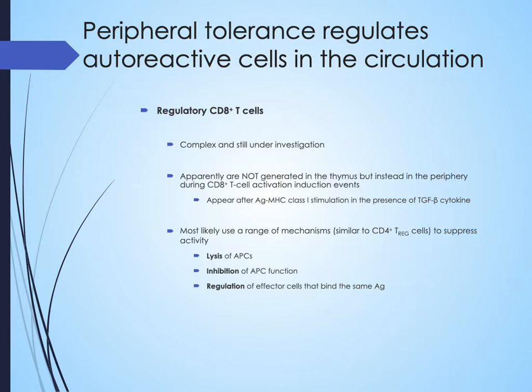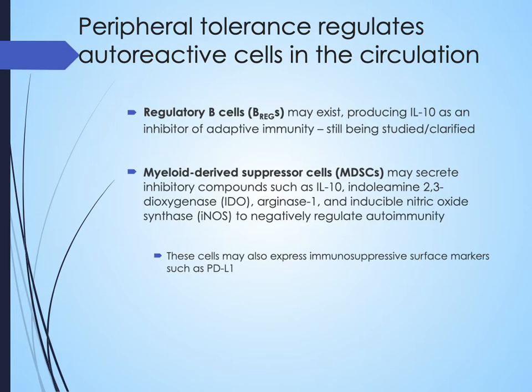It's believed that they can act by lysing APCs. If you kill APCs, they can't present. They can also inhibit APC function, and they can also have regulation on effector cells that bind to the same antigen. Again, it's different than how the CD4 T regulatory cells suppress activity.